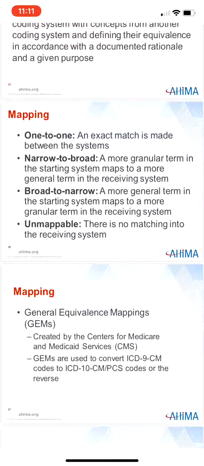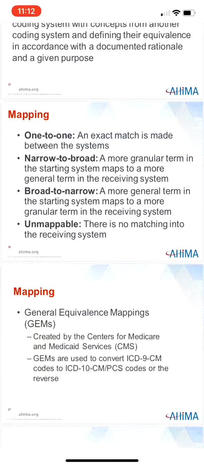Then broad to narrow: a more general term in the starting system maps to a more granular term in the receiving system. And then fourth, we have unmappable: there is no matching into the receiving system. In order for this mapping to be performed correctly, individuals performing the mapping must have a complete understanding of how the data will be used.